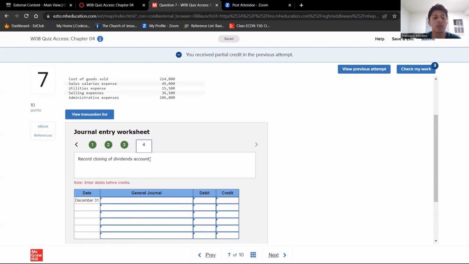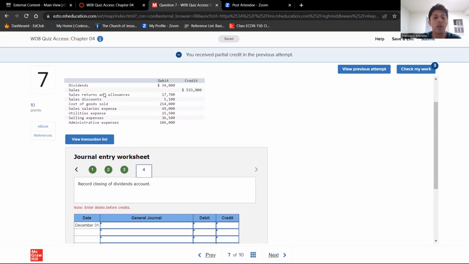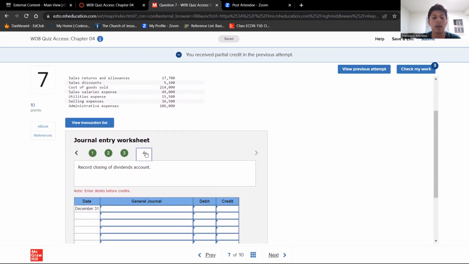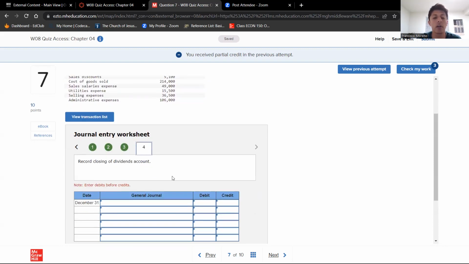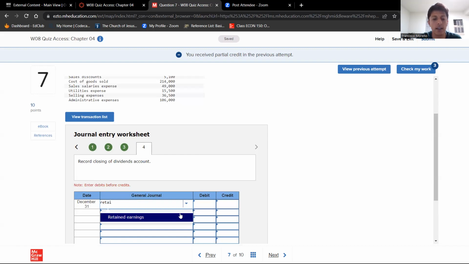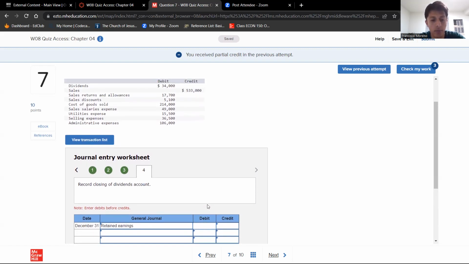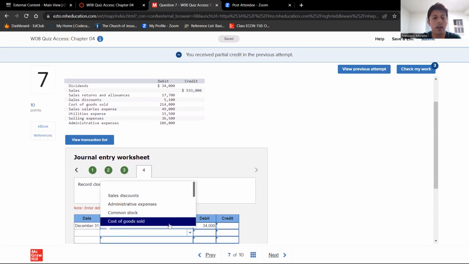The last step is just to record the closing dividends. So now we're gonna work with that one, and that money is gonna come from our retained earnings that, as we mentioned before, has a normal credit balance, and we're gonna take money from there to pay to the people investing in your company.